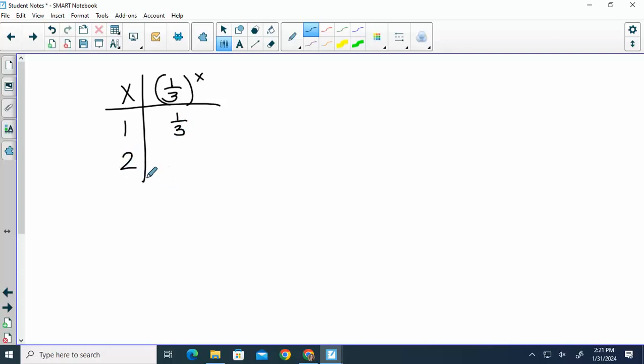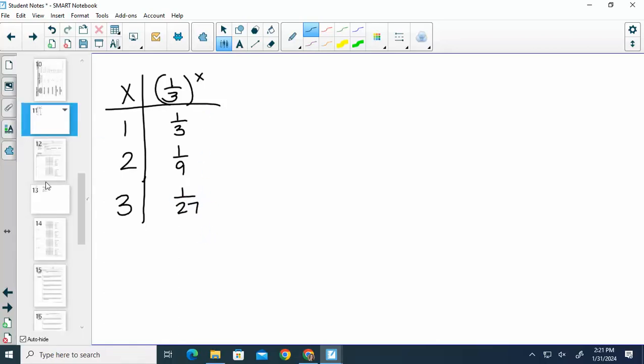If my x is 2, what is 1/3 squared? So that means 1/3 times 1/3. 1/9. What is 1/3 to the third power? 1/27. And so what's happening to these numbers? Going down. Right, those are getting smaller.